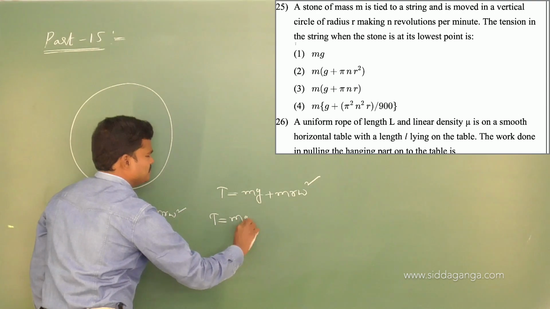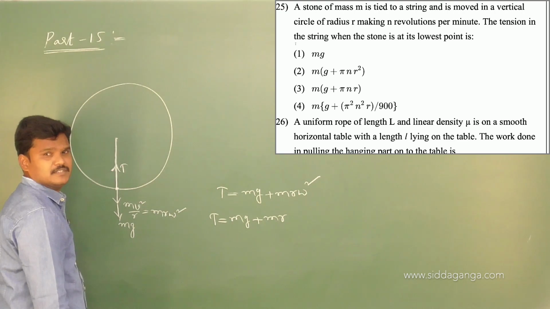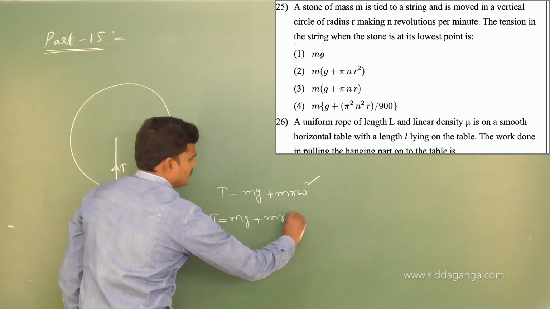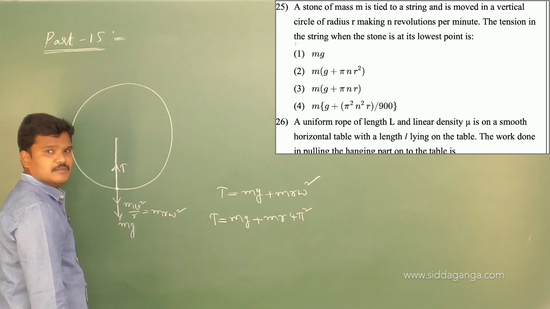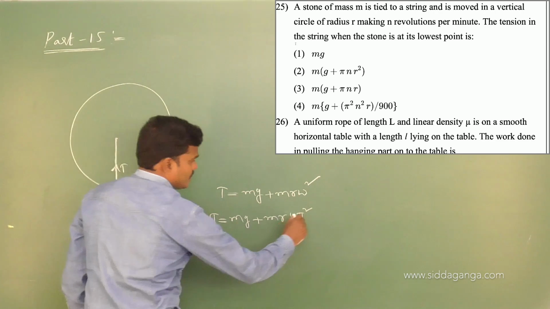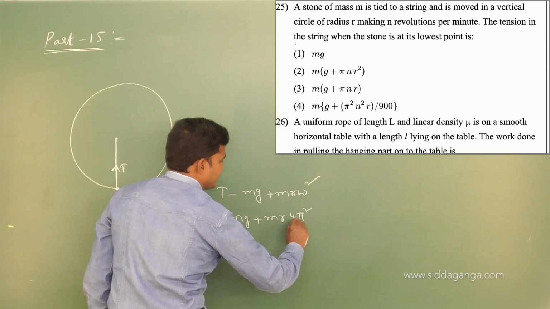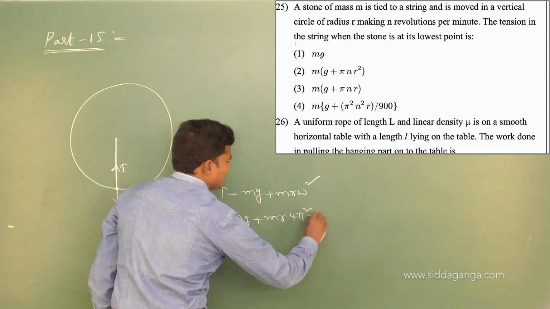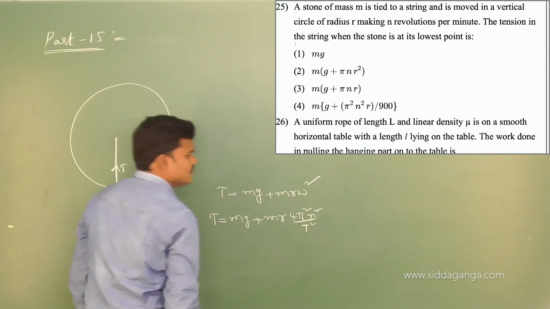Omega means 2 pi by t, so omega square is 4 pi square by t square. For n revolutions per minute, omega is 2 pi n by t, so omega square is 4 pi square n square by t square.